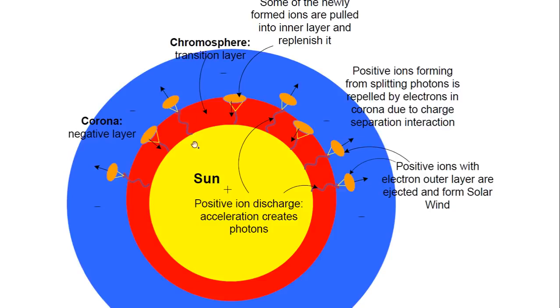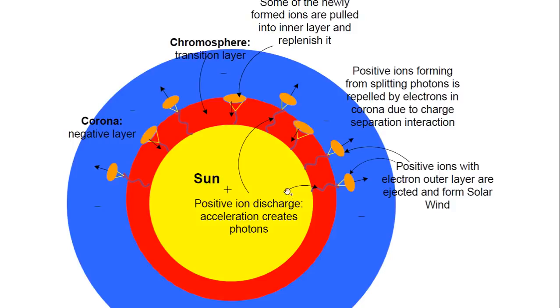And in the chromosphere we may have a mixture of protons and electrons moving in a chaotic sort of way, up and down, but what we also have is the two interactions, the charge separation and the electrostatic interaction, play against each other all the time. It's a balancing act.